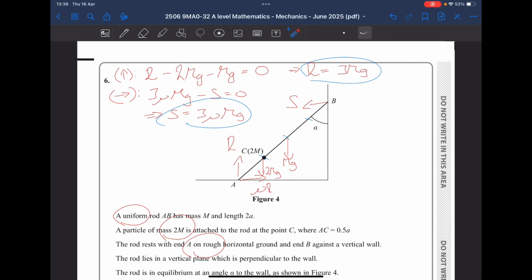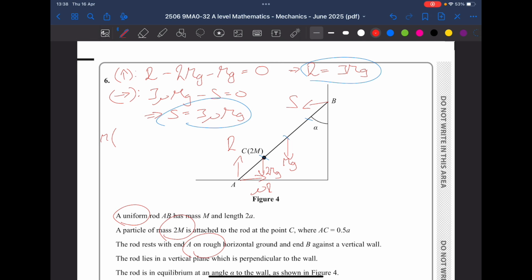That would give us an equation with two things we don't know. Oh no, sorry, we do know the distance. Ignore me, we do know the distance. So actually, the moments equation around A involves this, this, and this. The only thing we don't know is S, so that will solve us S straight away.